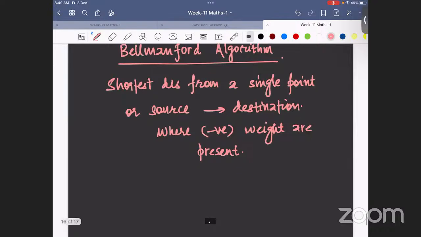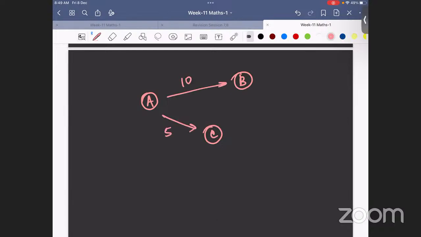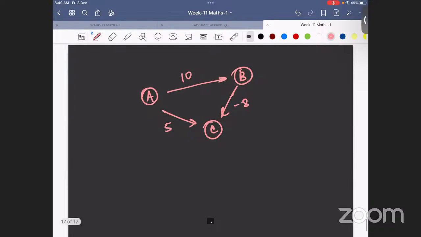So in Bellman-Ford, I am giving you one example. I have to reach from A to B to C. This is 10, this is 5, this is minus 8. If I'm using the Dijkstra algorithm, what will happen?